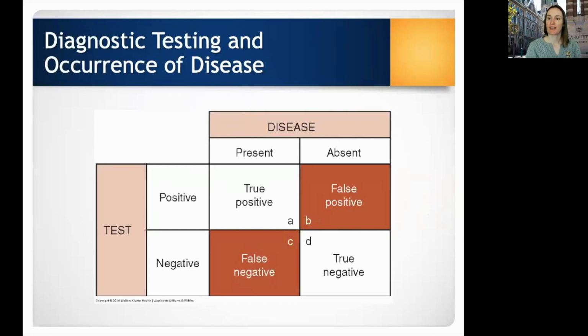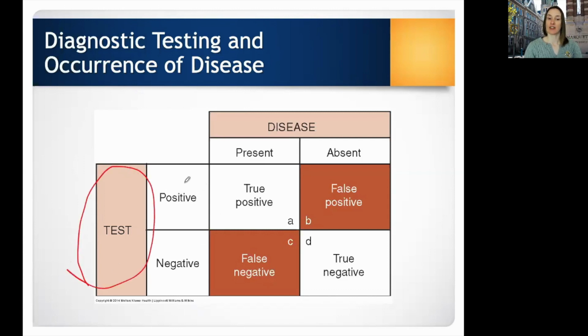So let's put these sensitivity and specificity ideas to actual practice. If we were to do a diagnostic test to see if a patient has a disease, we're going to want to look at what we call true positives, false negatives, and true negatives. So you can see over here, we have our test.